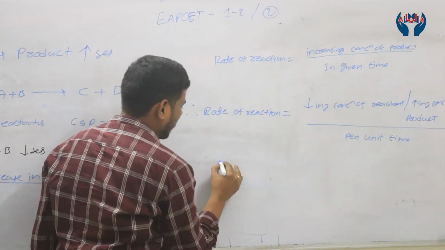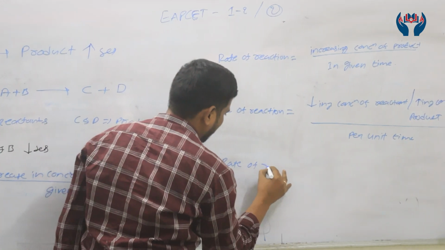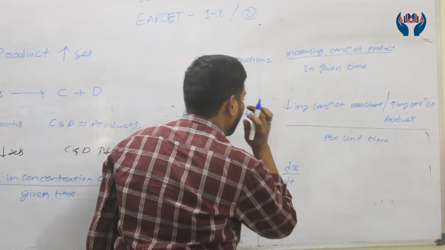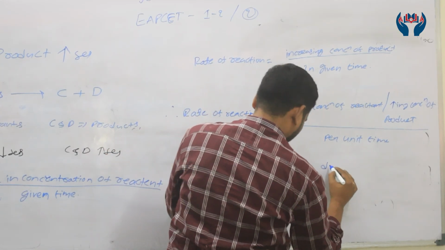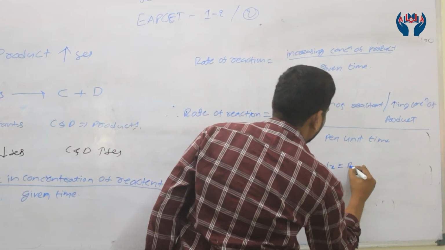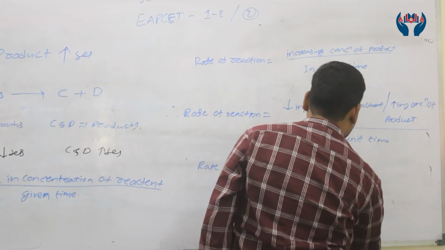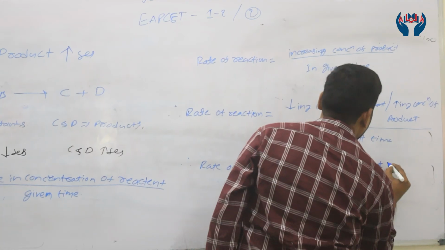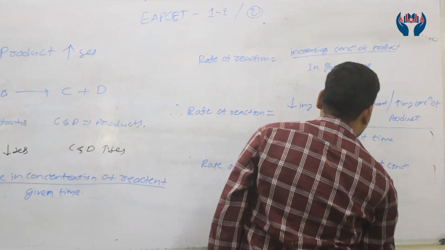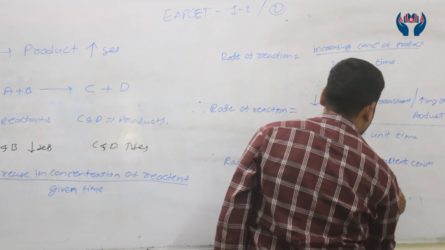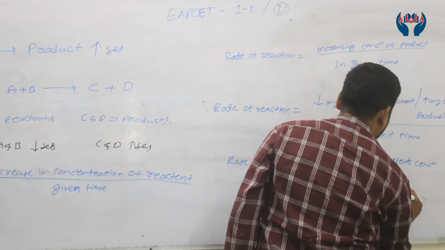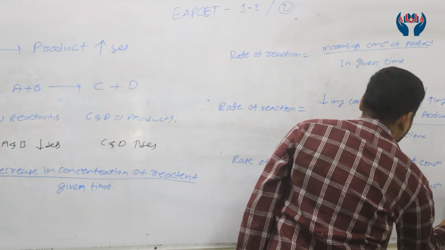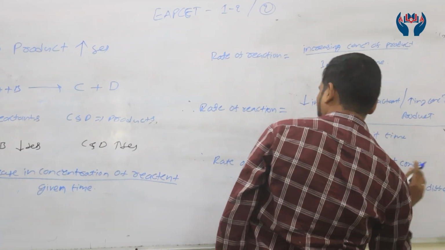Therefore, the rate of reaction equals dx by dt. What is dx? dx equals the reactant and product concentration difference.